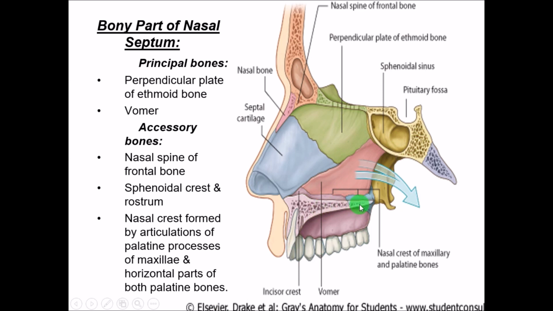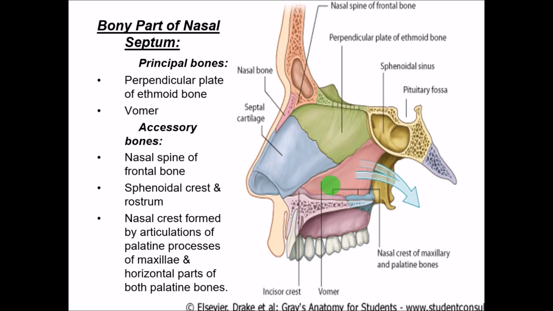This is the horizontal plate of the palatine bone, as well as the nasal crest of the maxilla itself. Both will contribute in the formation of this small part of the nasal septum. So the nasal crest of the maxilla and the palatine bone, both the bones have been shown here. So this will also contribute slightly in the formation of the nasal septum.